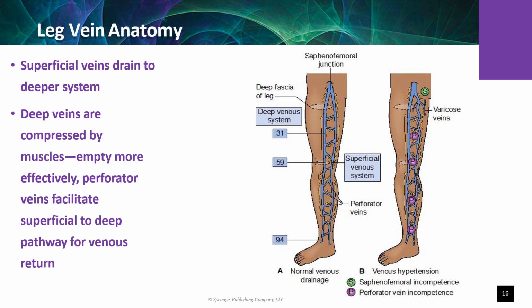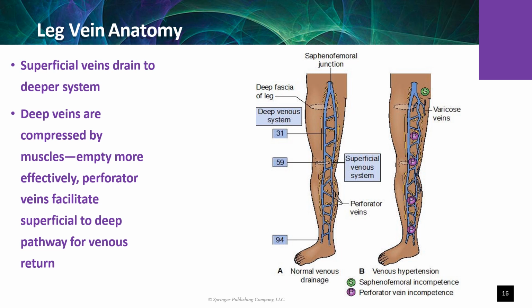This is the anatomy of leg veins. A is normal conditions and B with venous hypertension. The venous drainage of the leg is through deep and superficial veins that are connected by perforator veins. Gravitational pull on the blood increases venous pressure as shown in the blue boxes.